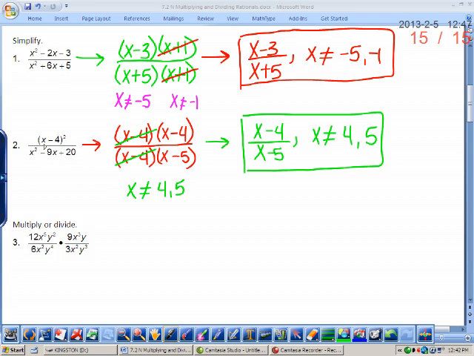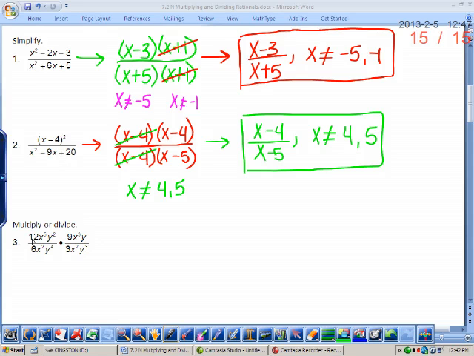At some point in your simplifying, any value that you could plug in that would give you 0 in the denominator, you have to exclude that value. That's why you can't just look at your final answer. You have to look at all the steps in between.